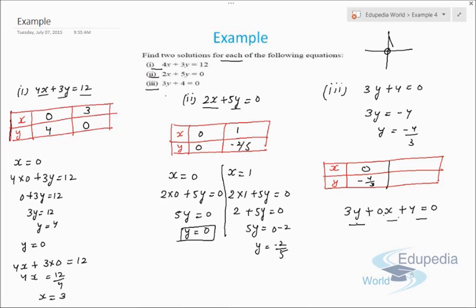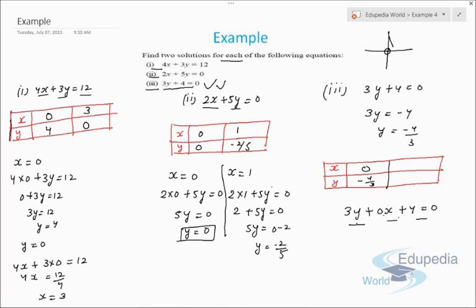Whenever we have a linear equation in one variable, as we have always discussed in the previous slides also, it will have only one unique solution. These type of equations cannot have more than one solution. That's why we cannot find two solutions for this type of equation. You have to be very careful while solving the question.